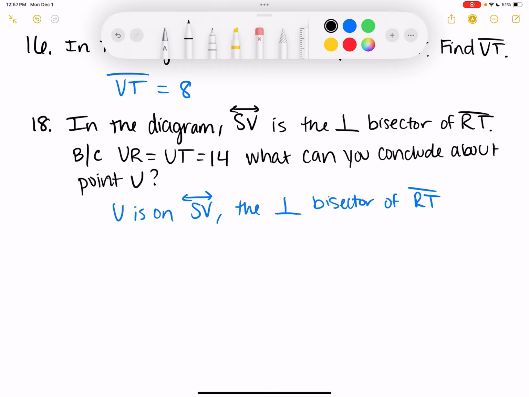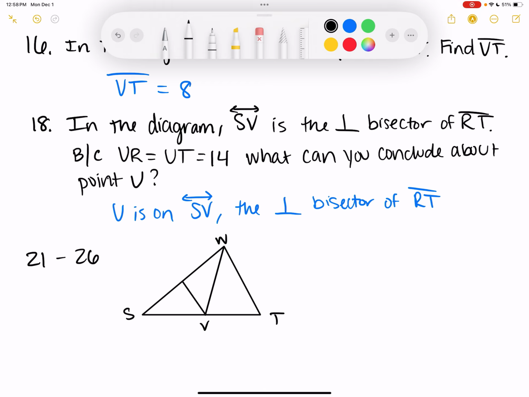So this one essentially has a giant triangle cut a bunch of ways. And all of these markings that I'm putting on here would have been given to you.